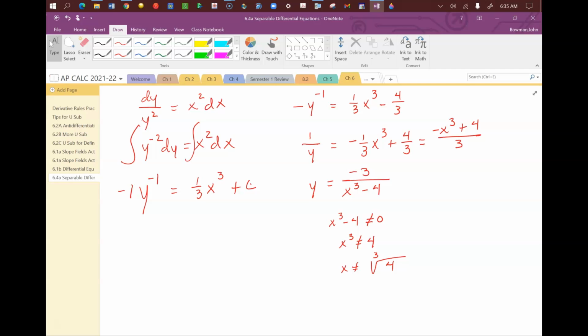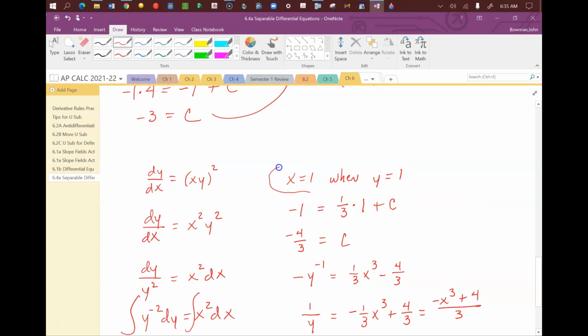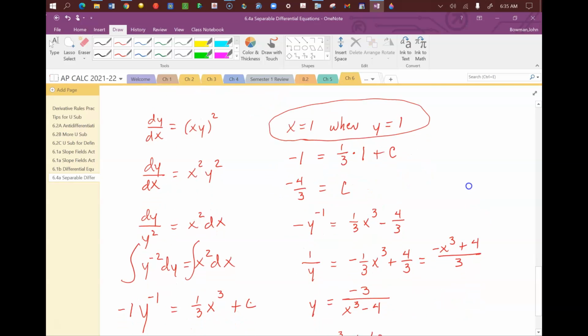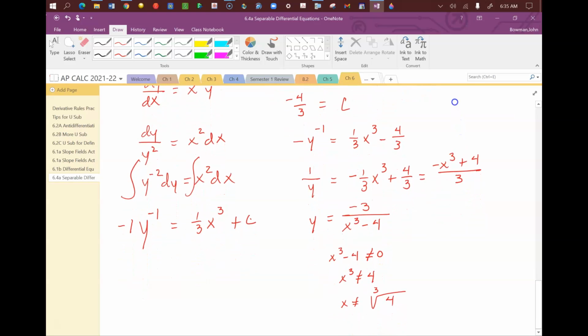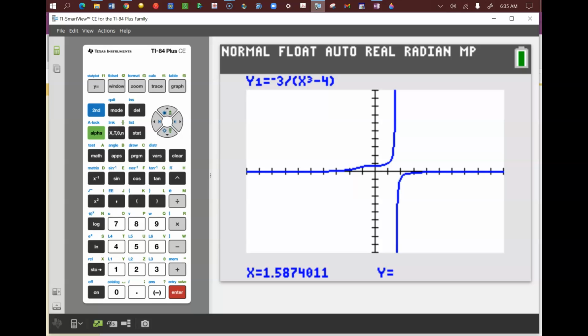And so what we're going to do is take a look at the graph of this function, because remember, we need the part of the curve that not only solves the differential equation, but also meets these conditions that when x is equal to 1, y is equal to 1. So here's a graph of that function on our calculator, and that vertical asymptote occurs at the cube root of 4, because that makes the denominator 0, which happens to be about 1.6.